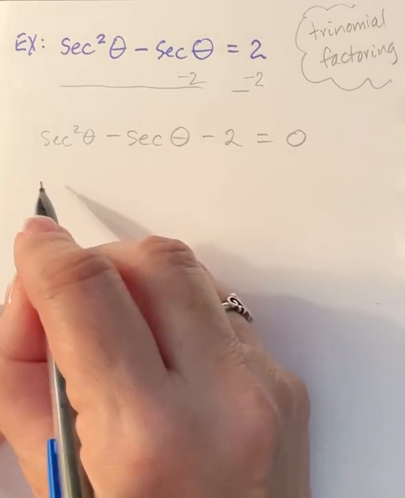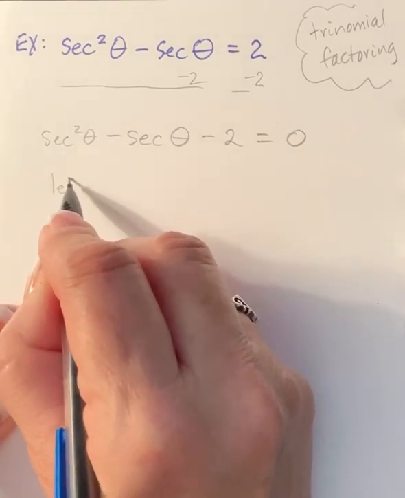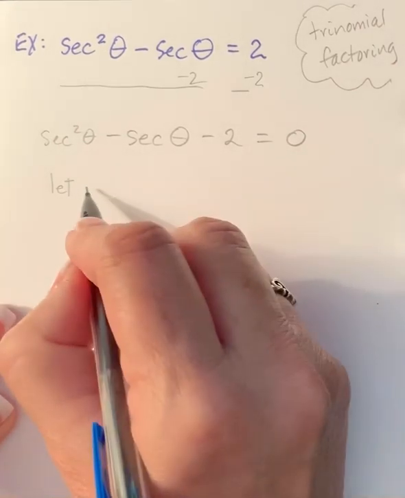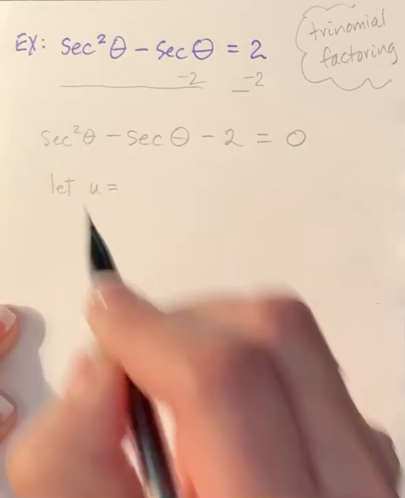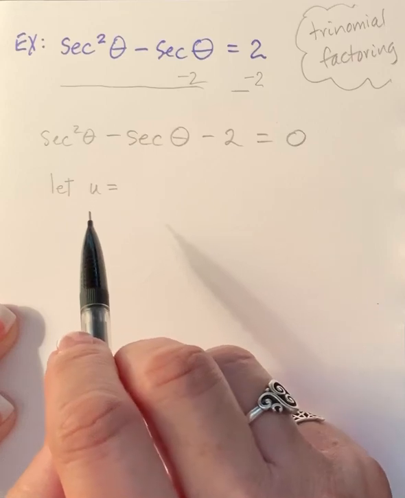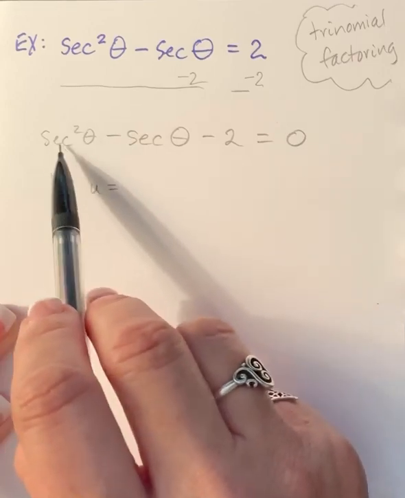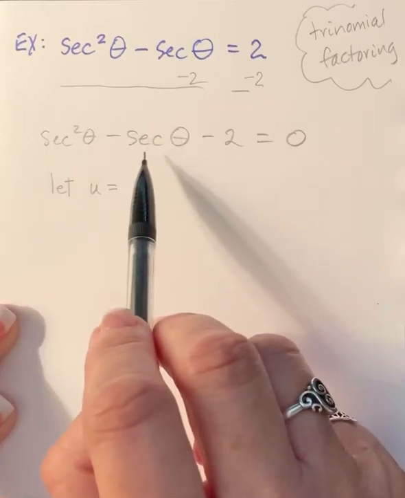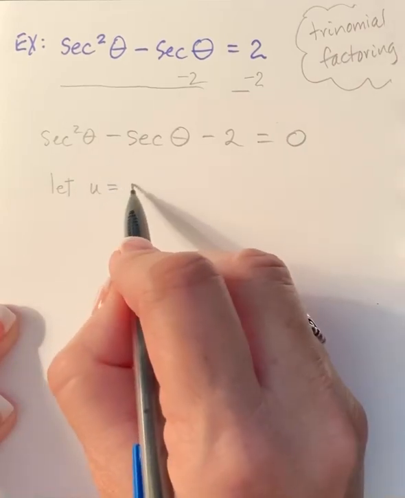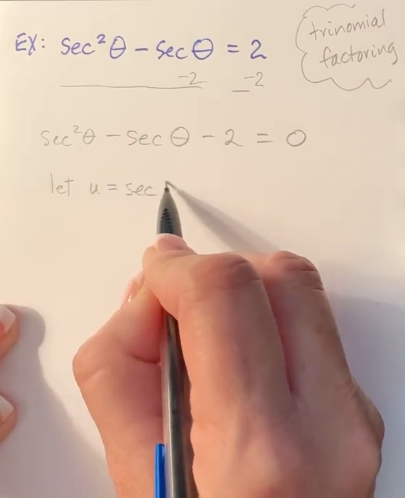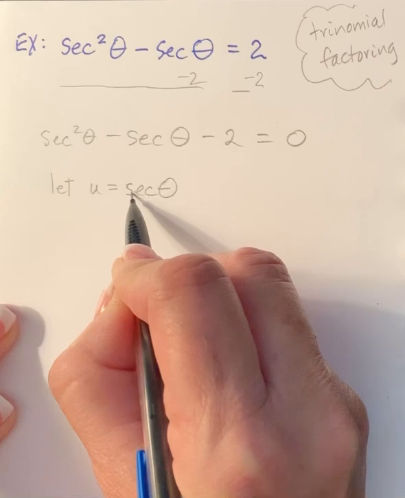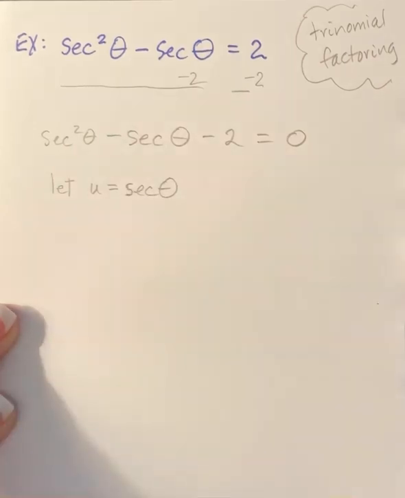So here is what I'm going to substitute. I'm going to say let's let, and you pick a totally different variable like u, it's going to equal our trig function that's being squared as well as just to the first power. So in this case, it's going to be the secant of theta. So anywhere I have the secant of theta, I'm going to replace it just with a single variable u.